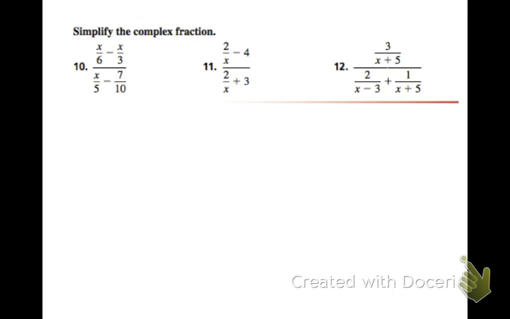So look at problem 10. x over 6 minus x over 3, all divided by x over 5 minus 7/10. I'm going to use method 1 again, just so you can see that, because these are fairly simple fractions to combine. I'm going to get a common denominator of 6.